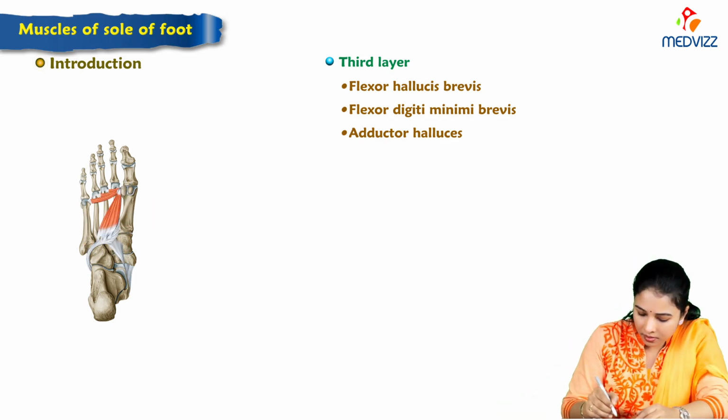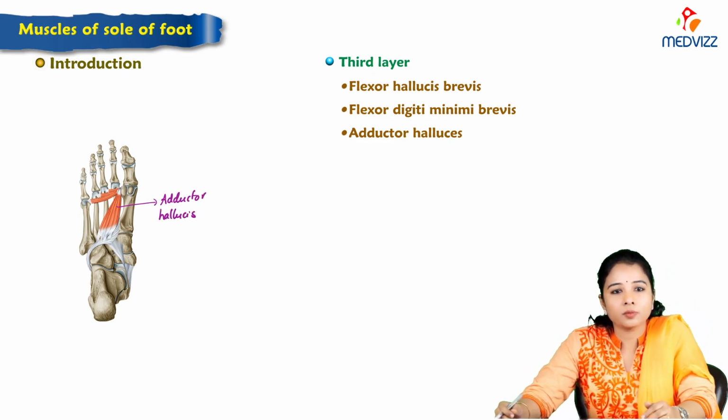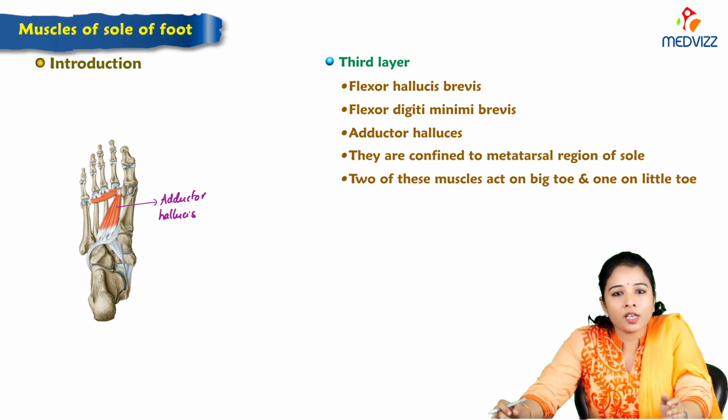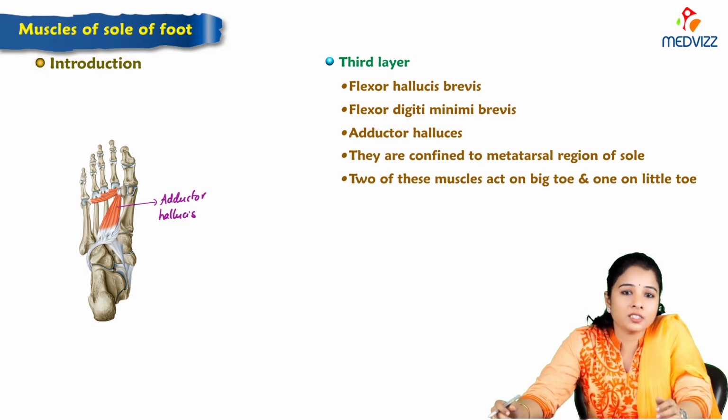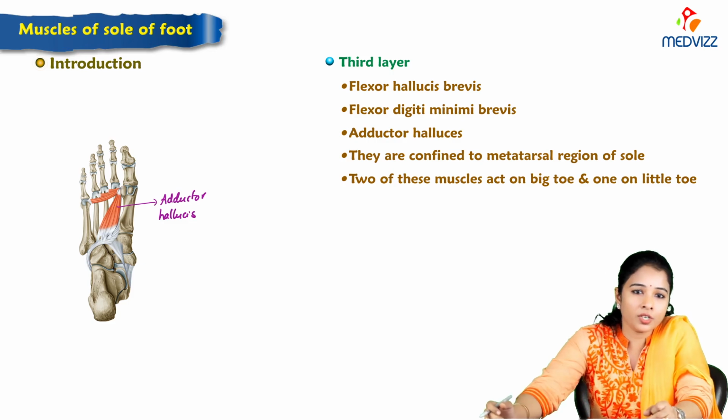So here we can see the adductor hallucis muscle. They are confined to the metatarsal region of the sole, and two of these muscles, adductor hallucis and flexor hallucis brevis, act on the big toe, whereas the flexor digiti minimi brevis goes to the little toe and acts on its flexion.